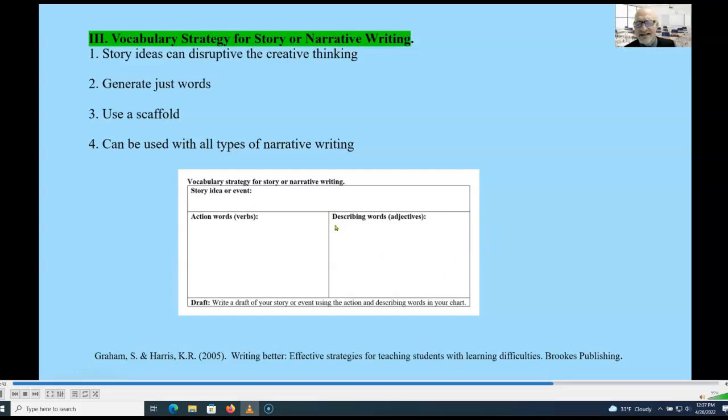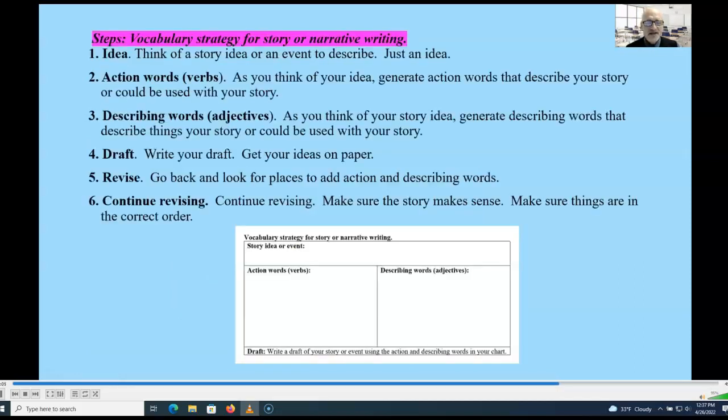You have the story idea, and you generate just verbs, action verbs that you think of, and describing words, adjectives. And out of here, story ideas begin to appear, and you write your draft of your story. Vocabulary strategy, just single words. And here are the steps: story idea, generate action verbs, describing words, draft, and then go and revise.